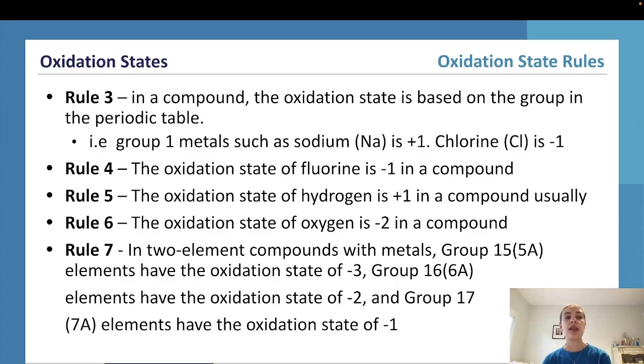And so with this, it seems like there is a lot of rules, but many of them have quite a lot of overlap. So rule 3 is quite closely tied in with rule 7. Rule 4 also ties in quite closely with rule 3, and you could almost consider rule 5 to tie in quite closely with rule 3 as well. The only difference being that hydrogen's not a group 1 metal, it's just a group 1 element.